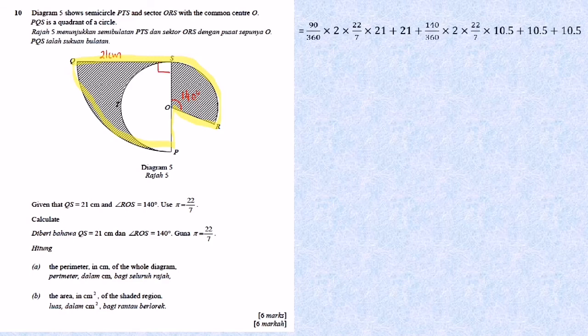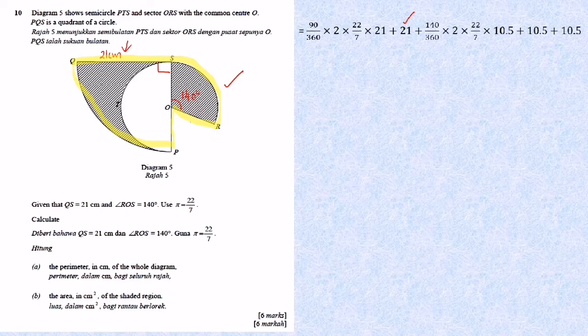This is the quadrant: 90 over 360 times 2 times 22 over 7 times radius 21, plus the arc of SR, plus the radius 21, and plus the arc SR: 140 over 360 times 2 times pi times the radius 10.5.